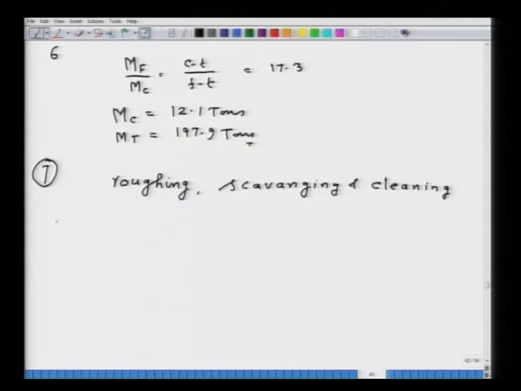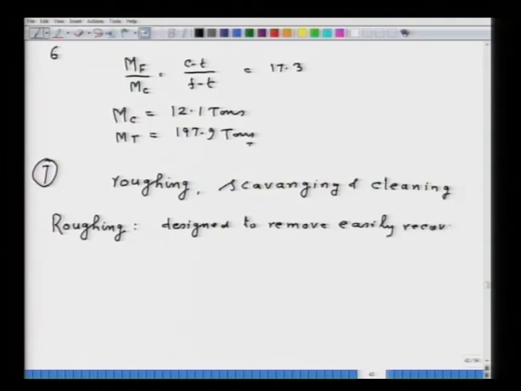Now, in the roughing stage, what is done? The roughing stage is designed to remove easily recoverable particles.